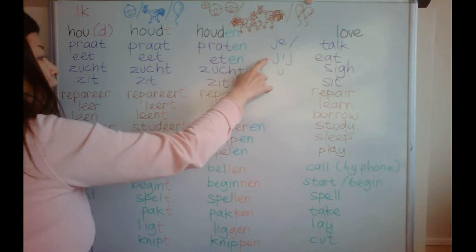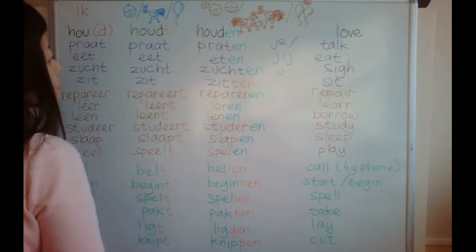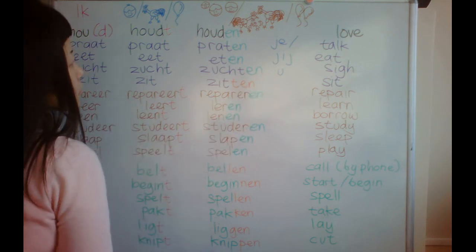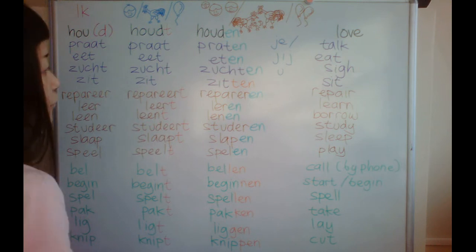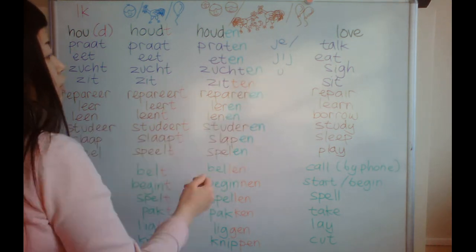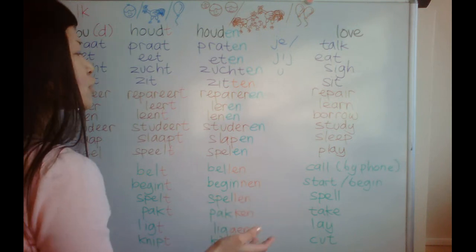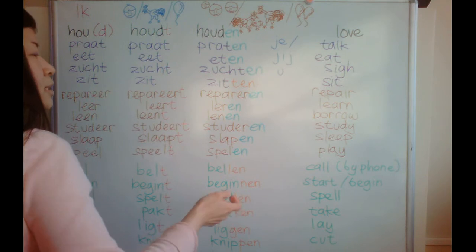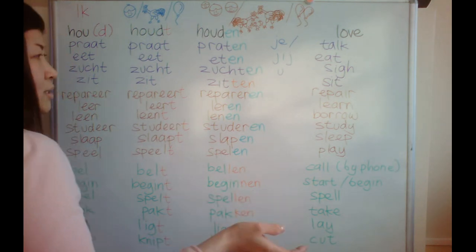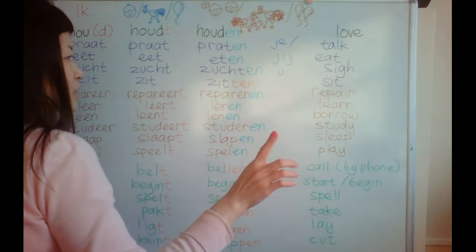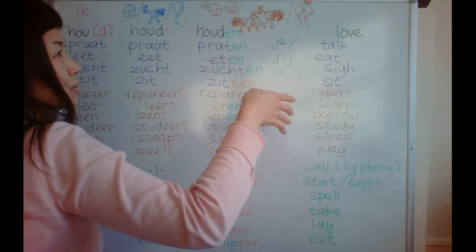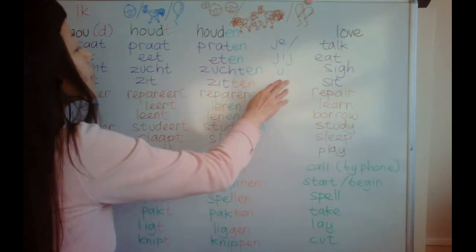Je or jij is you, and u is you, but to a person you just met for the first time, or to your senior like Mr. President or the professor, or to show that you're polite, like to the cashier lady or the cashier man you first meet.